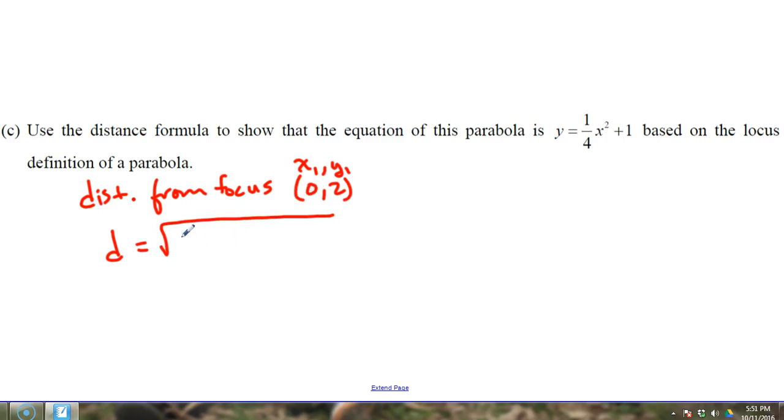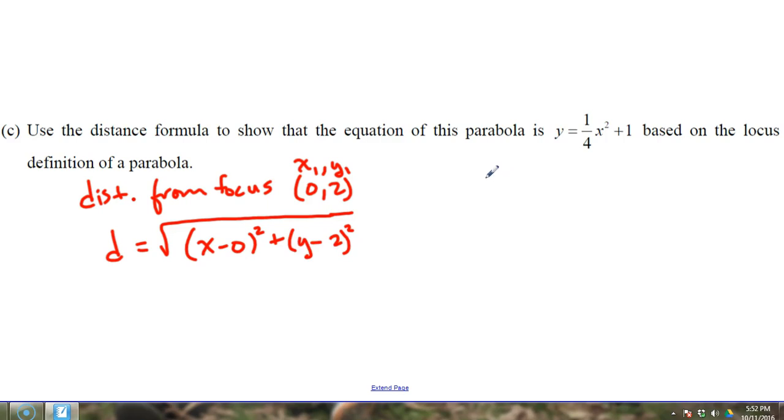So that other point is just called x, right? So I'm going to go x minus 0, I'm using this as my other point, squared, plus y, some generic point y, minus 2, squared. Okay, now I just need to do out this math here. All right, we can do that in a second.